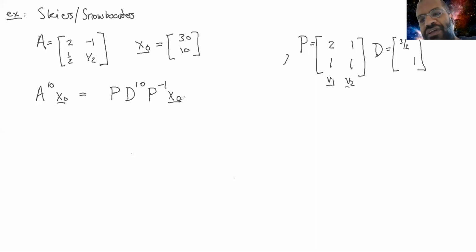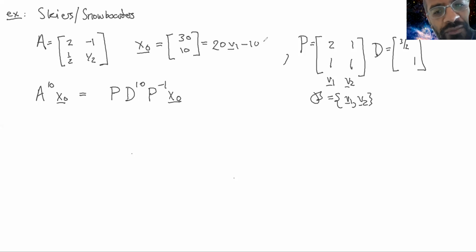I could compute the inverse and just do the matrix algebra, but maybe a more conceptual way of explaining what this does is that you can expand this vector x naught in the eigenbasis. So you can form this basis B out of eigenvectors. Once you expand the vector in this basis, it turned out it was equal to 20 times V1 minus 10 times V2.